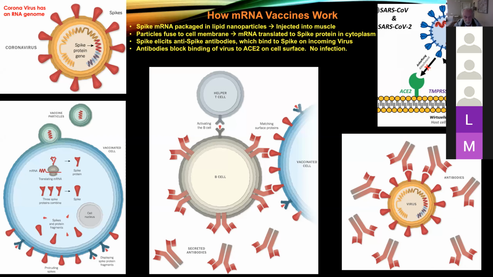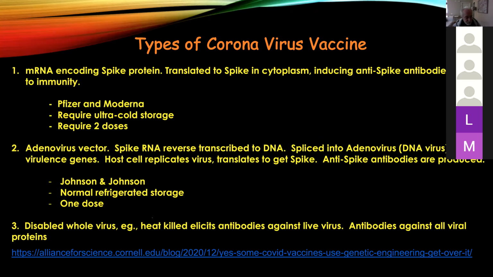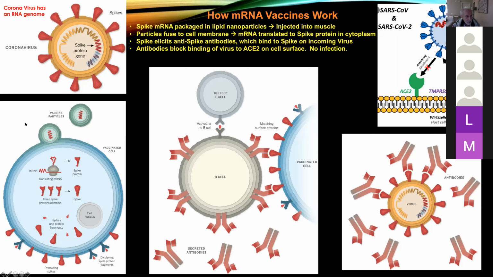So these illustrations at the edge illustrate this. In the upper left is a virus particle with the RNA genome. The spike protein is this little red segment. And just the part that encodes spike gets packaged into a little lipid particle.